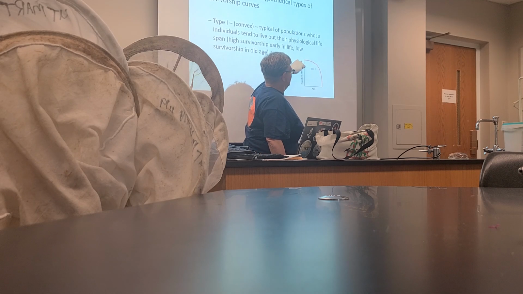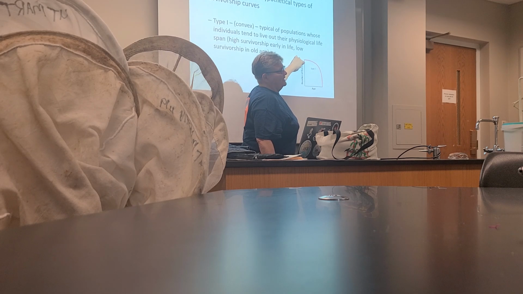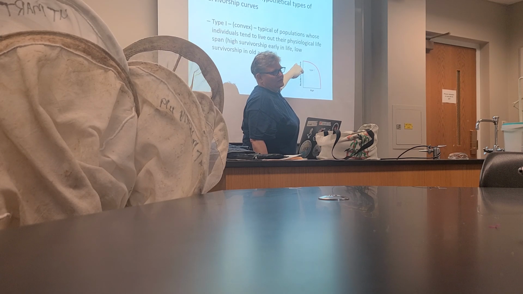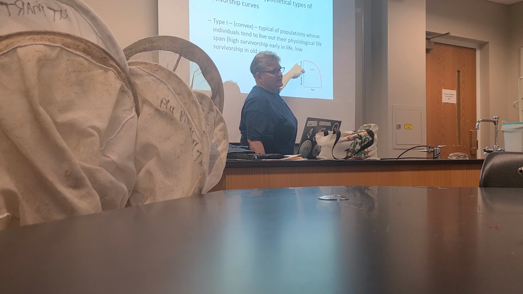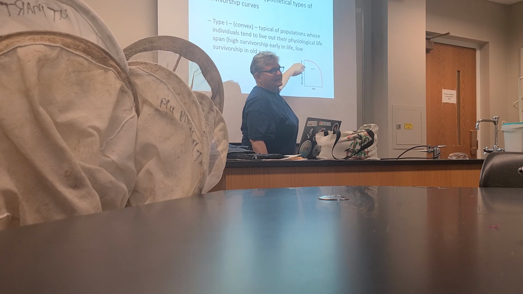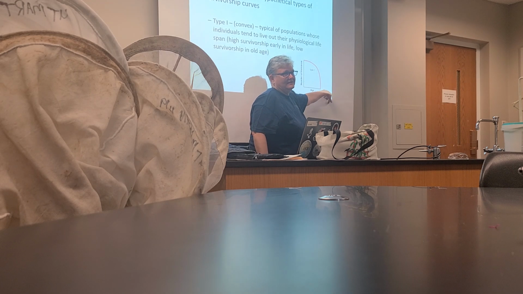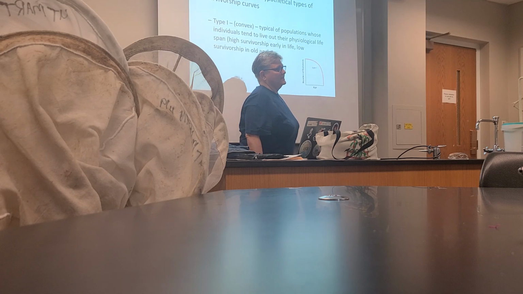What's causing that dip? Yeah, generally speaking, you are going to have high die-off in your juvenile phase, whatever that happens to be. So if we're looking at an oak tree, most of the acorns aren't going to survive. But the oak trees that establish themselves, they're going to live out their physiological lifespan and then die. So that's what I'm getting at.